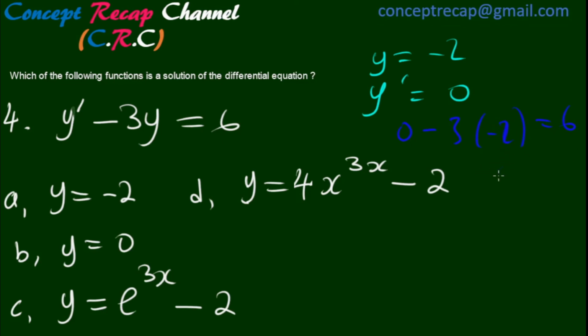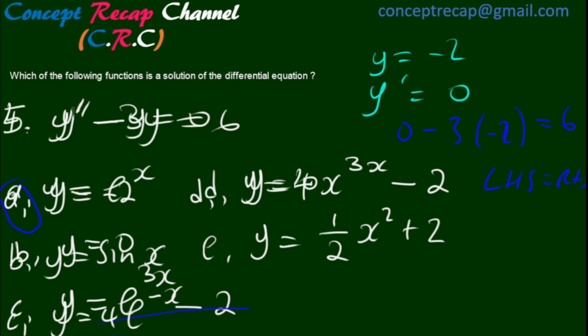So the left hand side is now equal to the right hand side. That means this one is a solution. Y is equal to 0 is not a solution. Try C and tell me in the comments below if it's a solution or not.